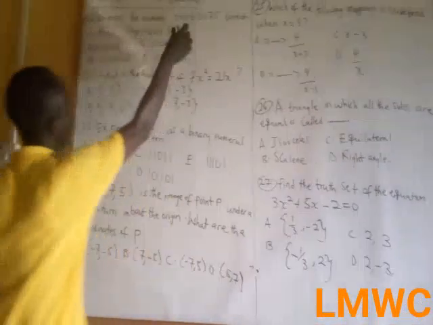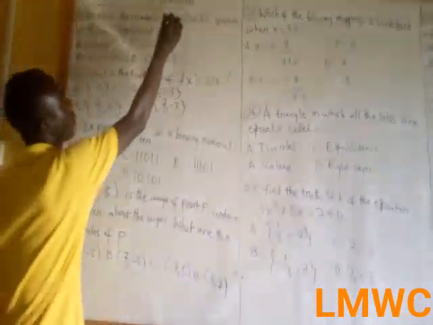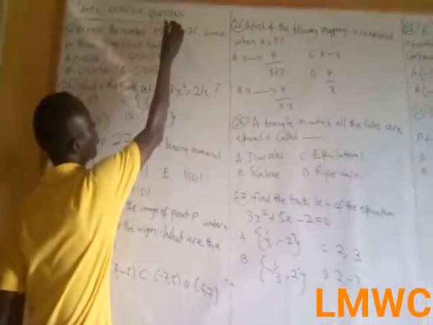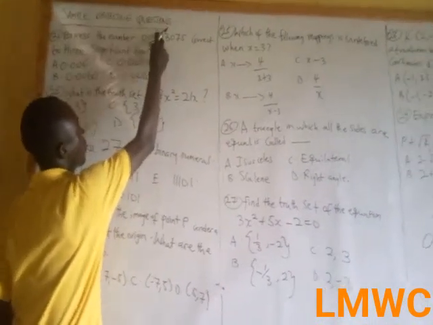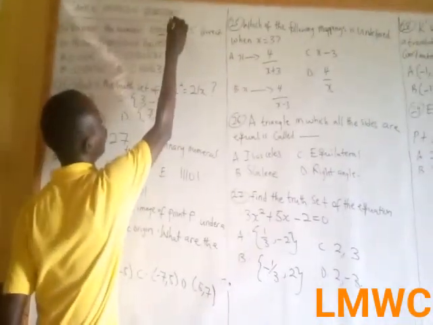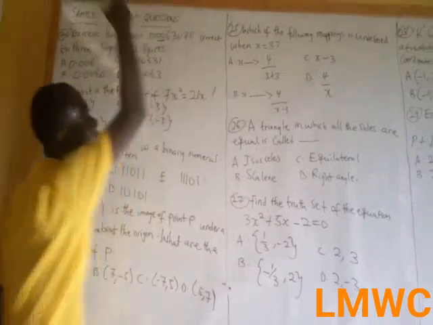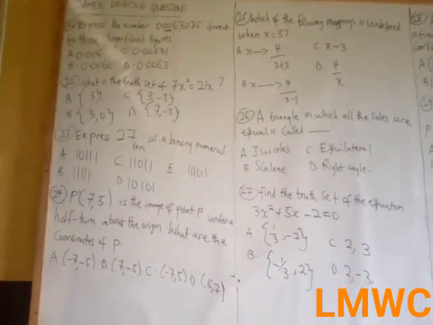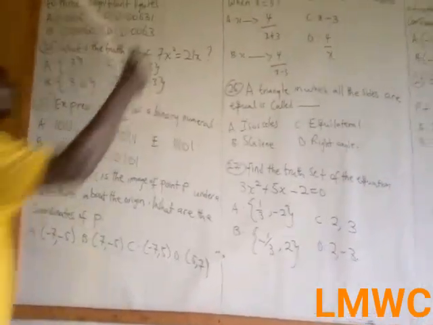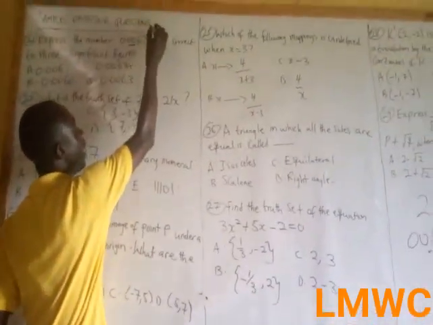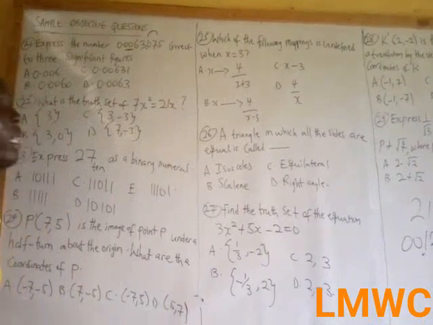Now, they say 3 significant figures. So you see we have 0 starting, so this means you start from 6. So you have 1, 2, 3. And always you check the next number. Once it is 5, 6, 7, 8, or 9, you round up and add 1 to this 0, and it becomes 1.